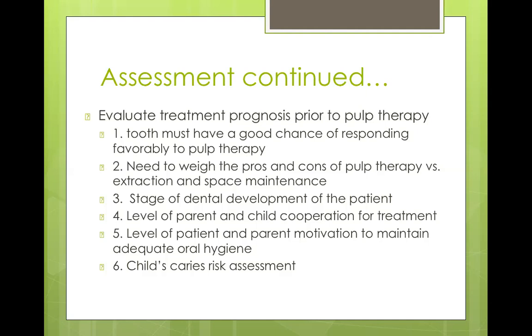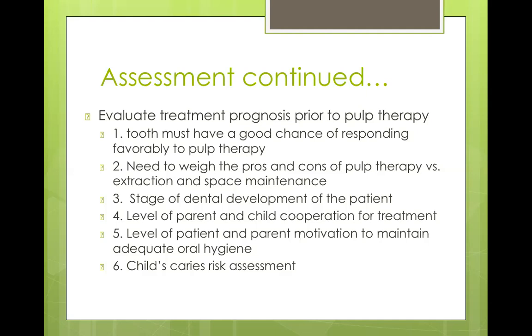Also, for pulp treatments, things like pulpectomy, you want to evaluate the level of parent and patient cooperation. If it's not a kid that's going to be highly cooperative, it's not a good idea to do a pulpectomy. Also, if they're really defiant, if they're all over the place, Frankl rating scale 1, definitely negative, I most likely would not even do a pulpotomy.